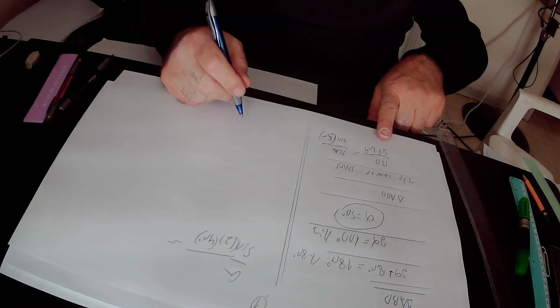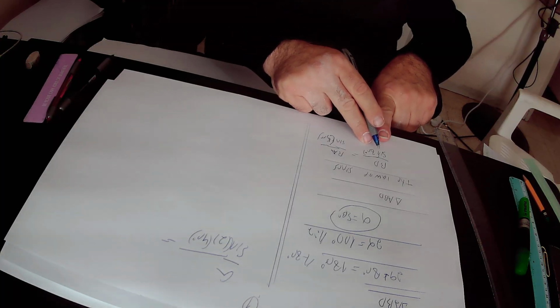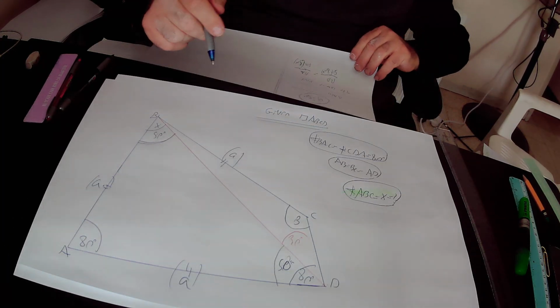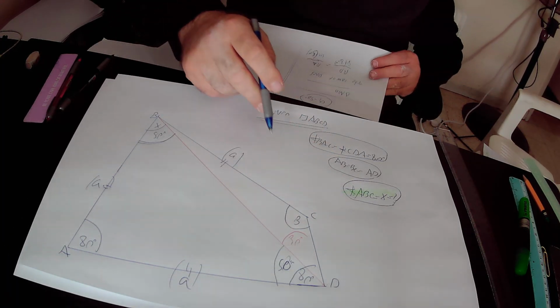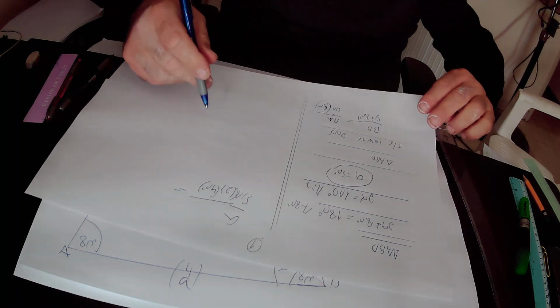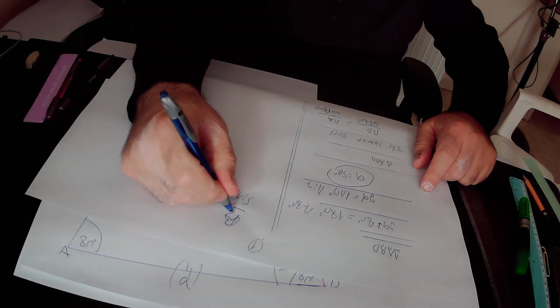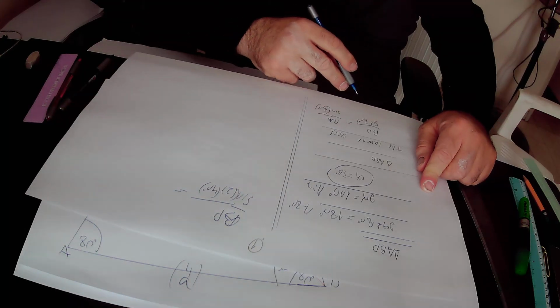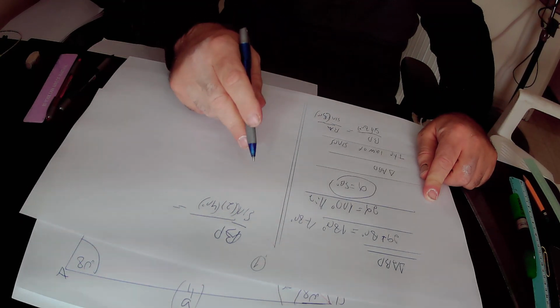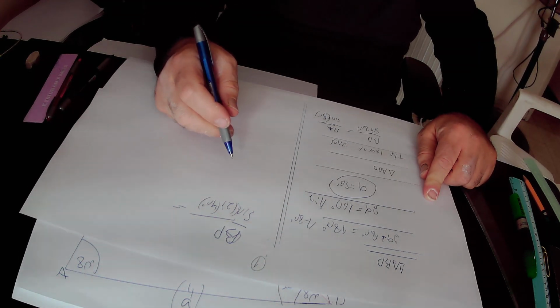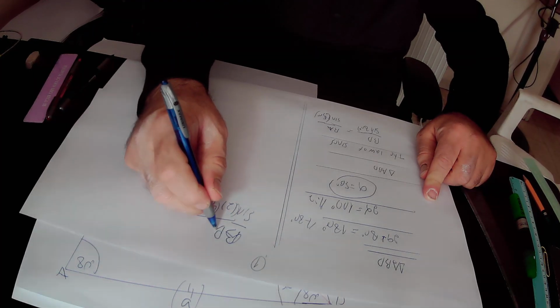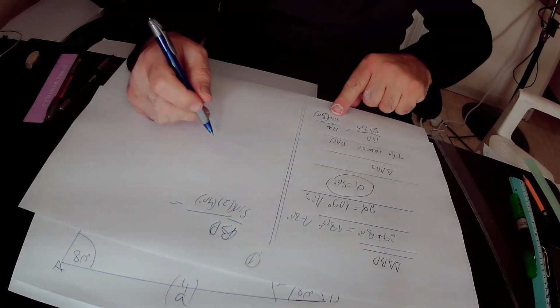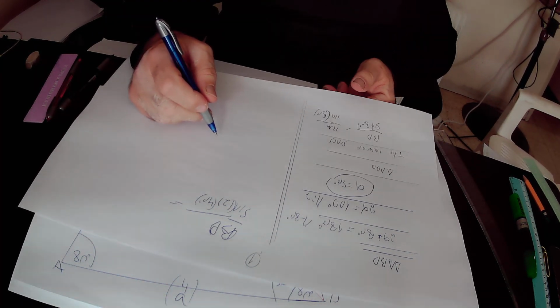We don't know the length of side BD, so we leave it as it is: BD over sin 80 degrees, and sin 80 degrees equals sin of 2 times 40 degrees. It equals BA over sin 50 degrees.